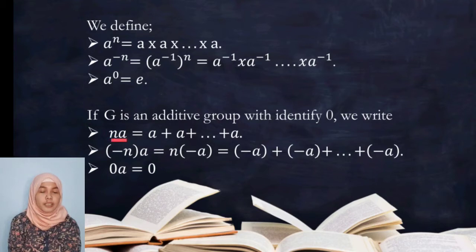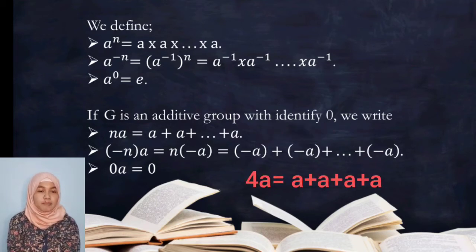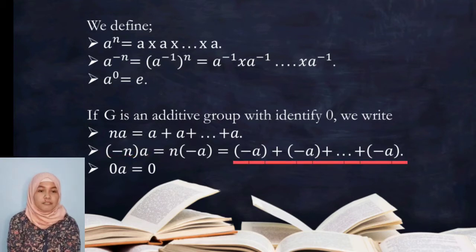So na means a plus a plus ... plus a, with n summands. When I write 4a, that means a plus a plus a plus a. Next, if we have minus na, this means the additive inverse of a repeated n times.